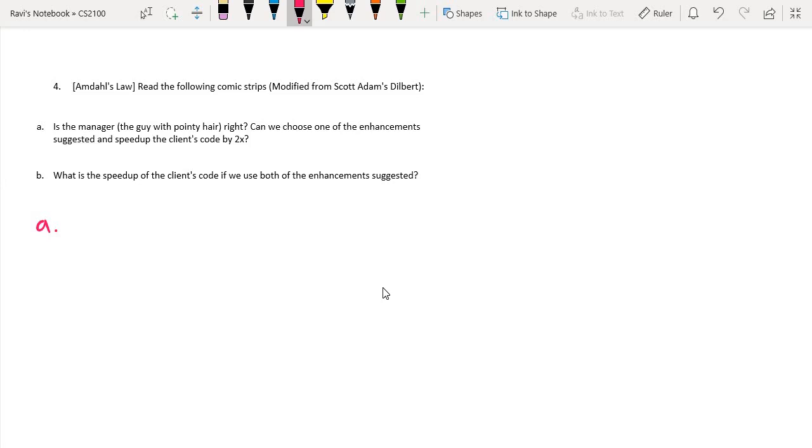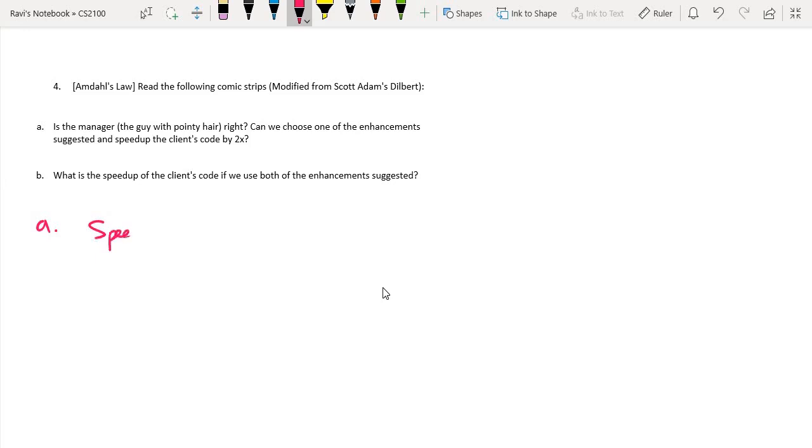In the comic strip, what we are trying to do is either improve multiplication by 8 times or improve division by 5 times. So how do we go about doing this?